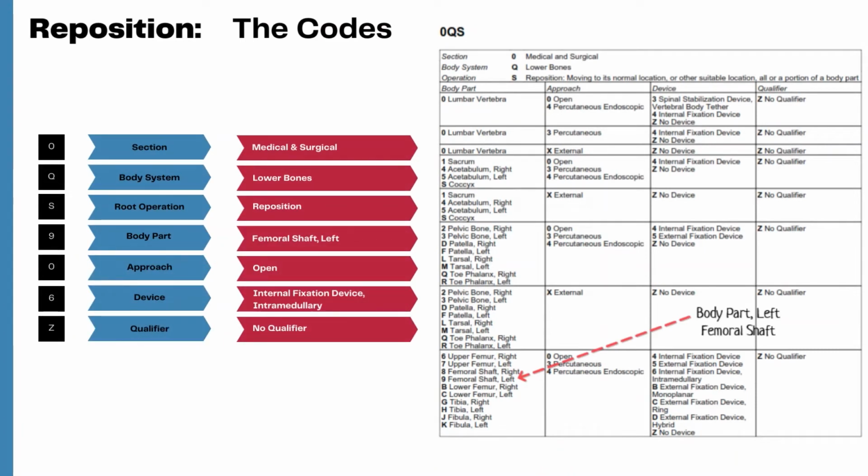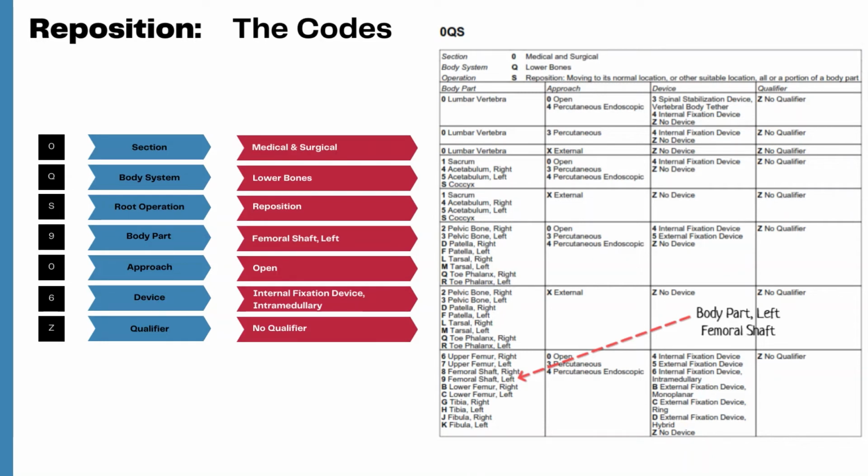So the first code for the left femoral shaft fracture, the reduction of the left femoral shaft, is 0QS906Z. Medical and surgical is the first character, which is 0, section. Body system is lower bones because we are talking about the left femoral shaft.